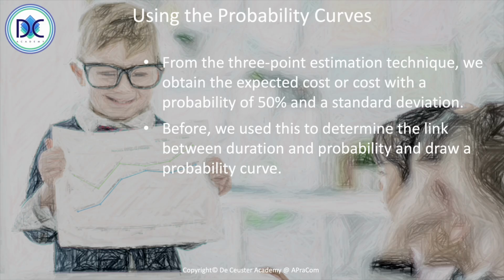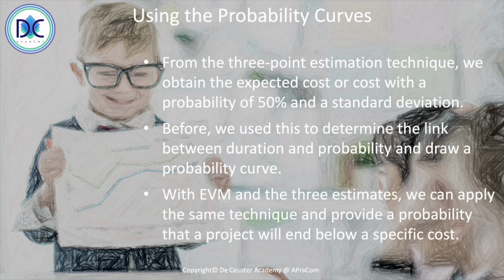And now we are going to use the same thing to create a probability distribution between a cost and a probability. So we will have an S-curve, and based on that S-curve, we have a probability curve where we can estimate what is the probability that the total cost of the project at completion will be less than a certain amount.